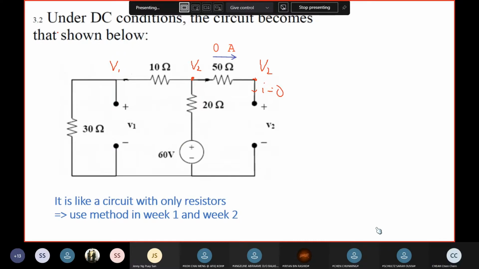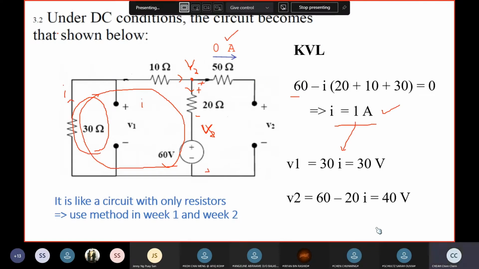So if you define it the other way, it's okay, you just get a negative answer. Any questions?